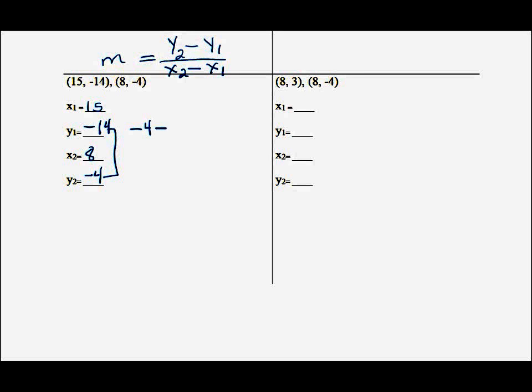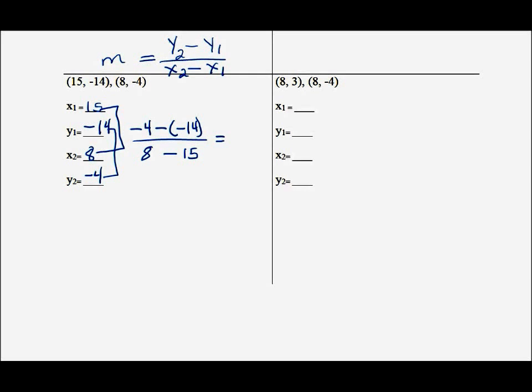So I'm going to take these numbers and arrange them in the appropriate order. I'm going to subtract my y's. So that becomes negative 4 minus a negative 14 over, now I'll subtract my x's, that will be my denominator, 8 minus 15.